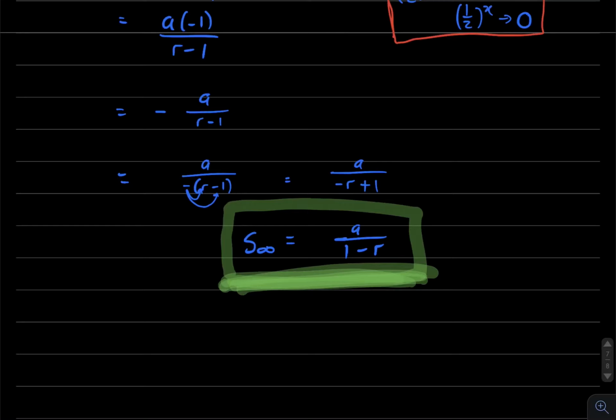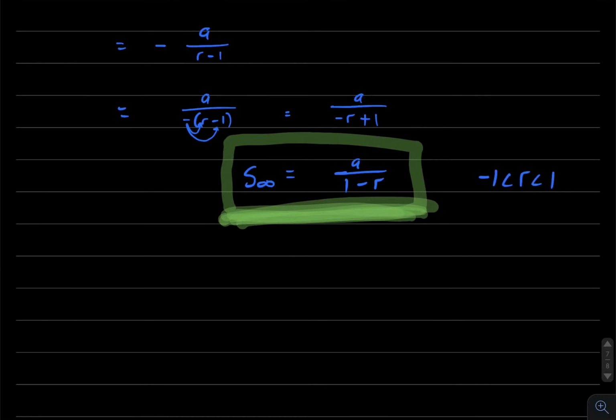That's the formula for the sum to infinity for a convergent geometric series. Okay, so that's the formula that we come to at the end of the day, and that's the formula that you would use to calculate the sum to infinity for a convergent geometric series. Keep that in mind. r must be in this interval for this formula to work.